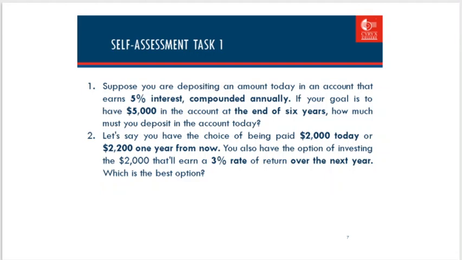Question number 2. Let's say you have the choice of being paid $2,000 today or $2,200 1 year from now. You also have the option of investing the $2,000 that will earn a 3% rate of return over the next year. Which is the best option?